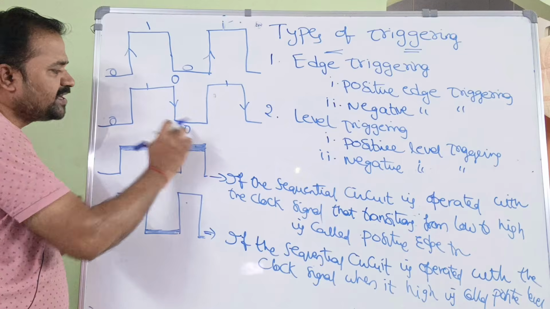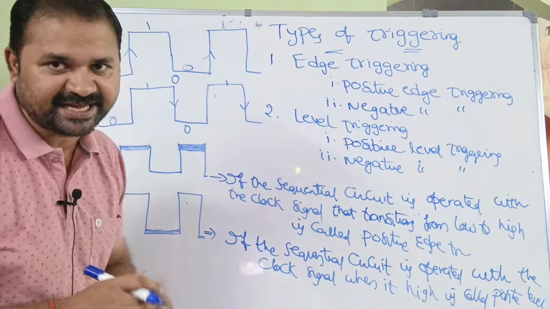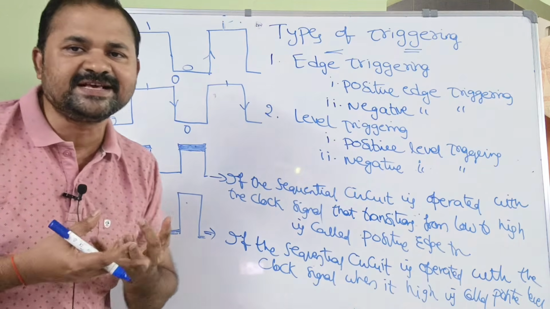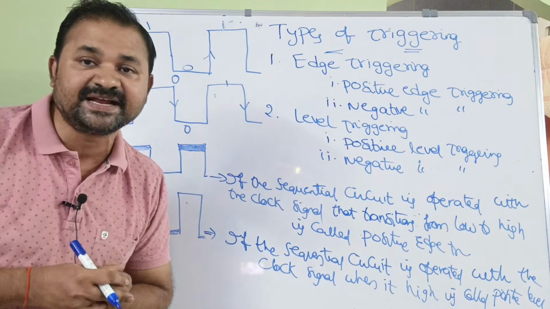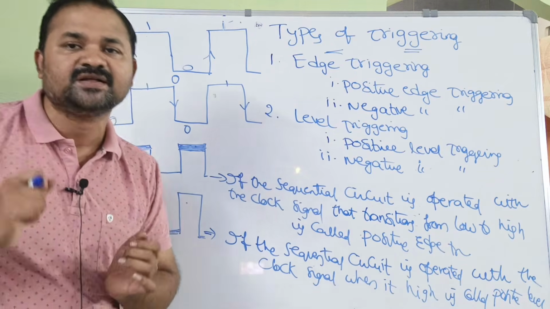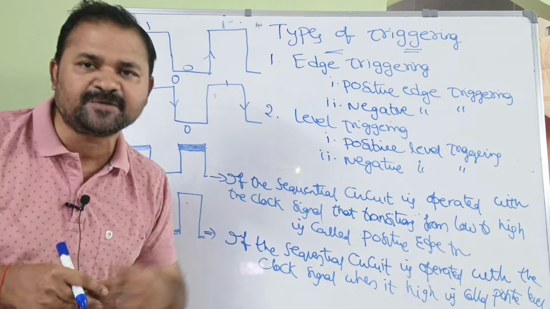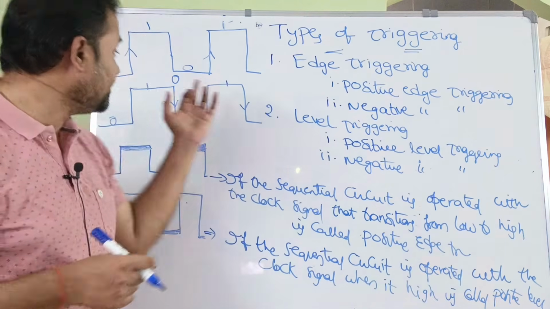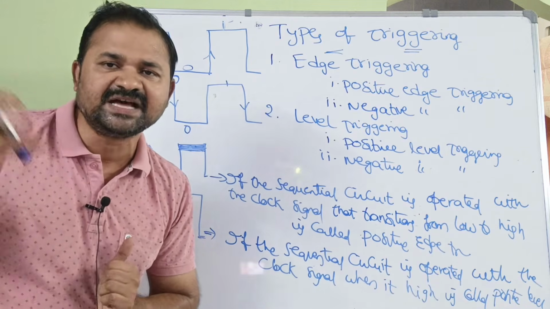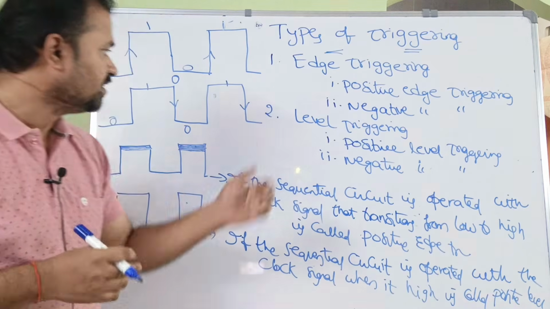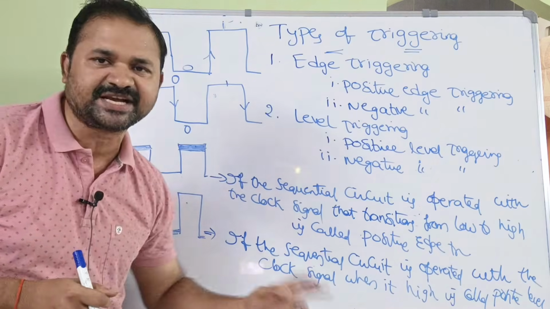So this is called negative edge triggering. Whenever the clock signal changes from high to low, we will get the output in the sequential circuit.